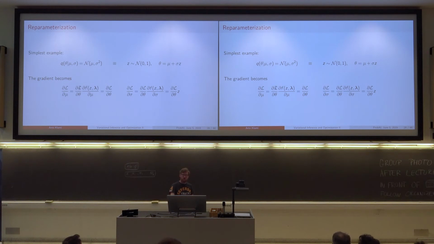You first compute the derivative of the log of p with respect to the model parameter itself, and then the derivative of this transformation with respect to the parameter. For the mean, the second term is the identity, so there's no difference. Whereas for the derivative with respect to the standard deviation, you just end up multiplying by whatever the draw from the standard distribution happened to be. You just plug these into the expectation, and then you go with that.